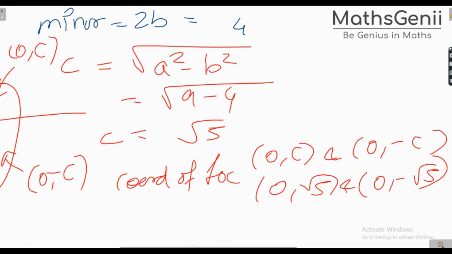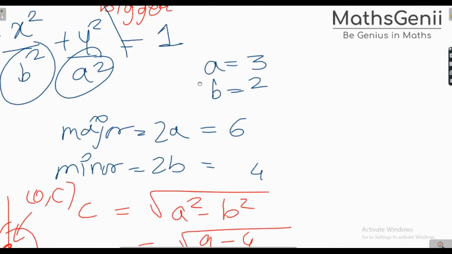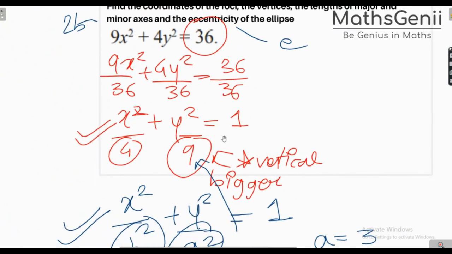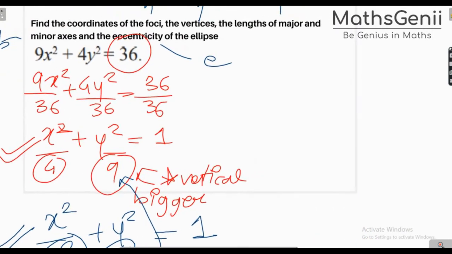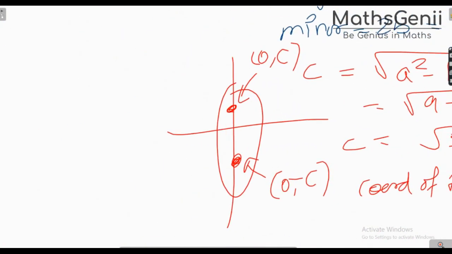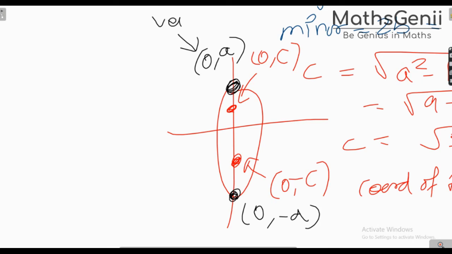This is done. Now vertices. Vertices are always of the bigger axis, so bigger is 9. Vertices are always of the major axis, and this is the major axis in this case. So what are the vertices going to be? Again, this has no x coordinate, so (0, a) and (0, -a).